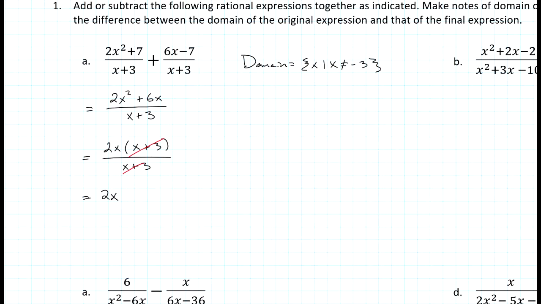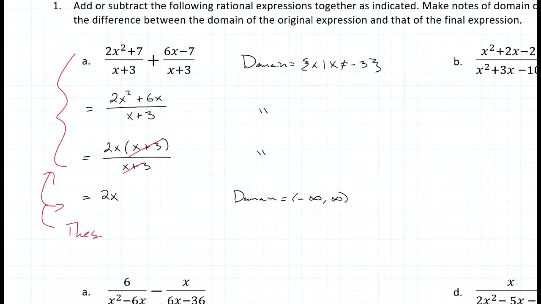And that doesn't change in the next step. Domain's the same. And then in the next step, it's again the same. It's not until after we cancel that the domain at the bottom is now all the real numbers, negative infinity to infinity. So what we want to say is that these three are equal.